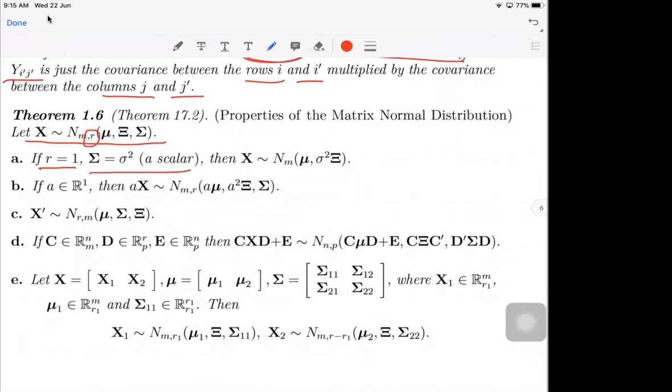And sigma is just a scalar, sigma squared. Then your X will still be normally distributed. So when R is 1, we can just drop the 1 and retain M here. And it will have only two parameters, mu and sigma squared psi.